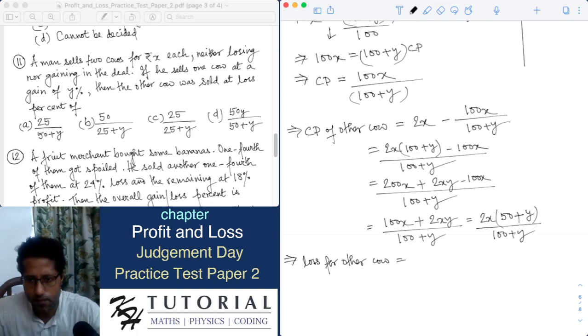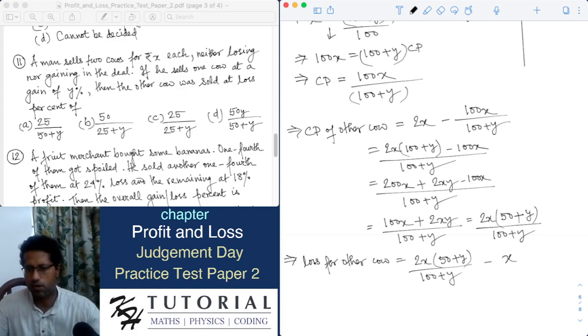So that is 2x into 50 plus y divided by 100 plus y, minus the selling price of the other cow, which is x, because both the cows were sold for rupees x.